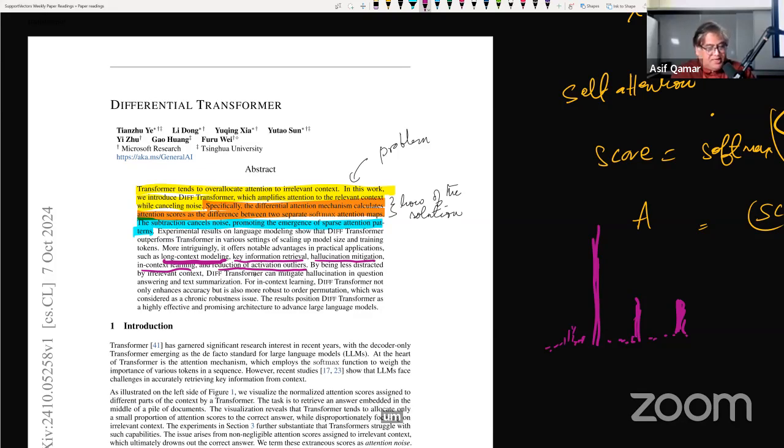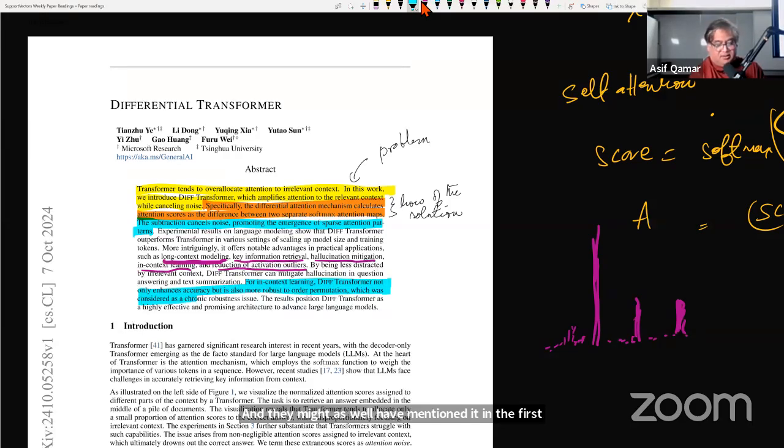We will see that all of these are helped. By being less distracted by irrelevant context, Diff Transformer can mitigate hallucination in question answering and text summarization. For in-context learning, Diff Transformer not only enhances accuracy, but is also more robust to order permutation. So this is actually a pretty big point, and they might as well have mentioned it in the first list itself.